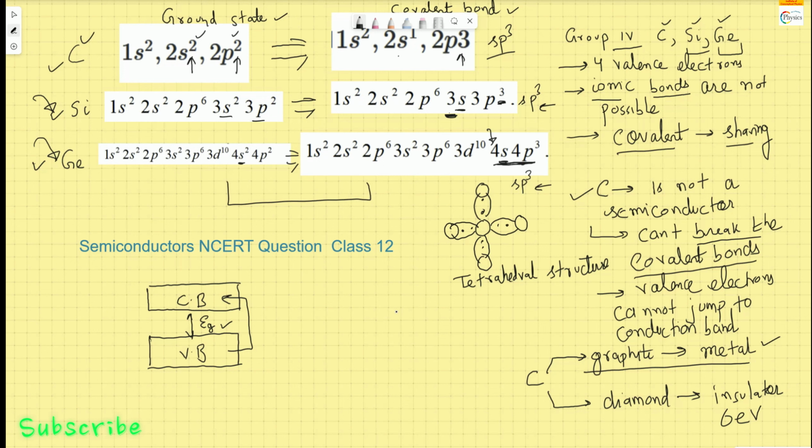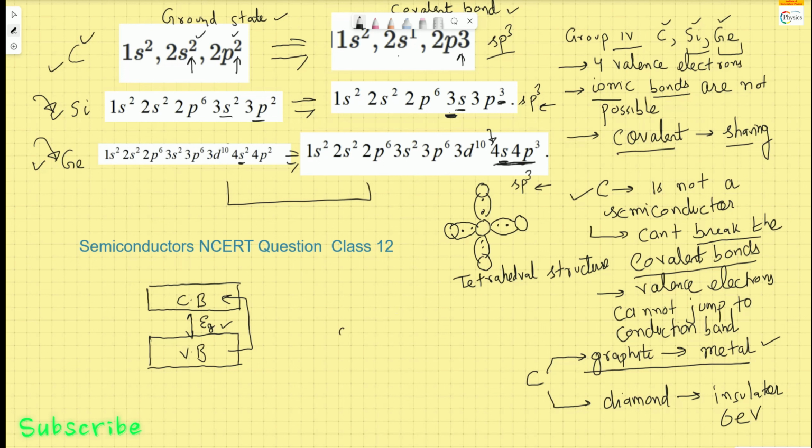You remember that each electron will occupy a different energy level. The energy level occupied in the case of germanium vis-a-vis silicon is low, which means the interaction with the nucleus is weak. When I say the energy is low, I mean the interaction with the nucleus is low because it is outside.